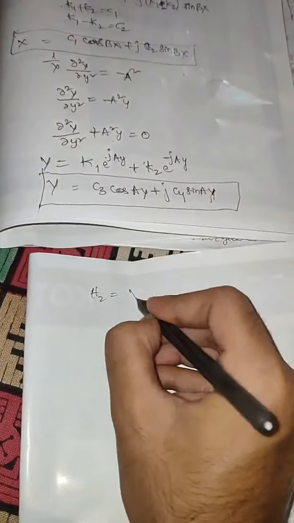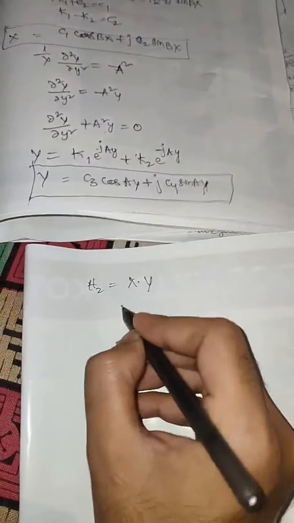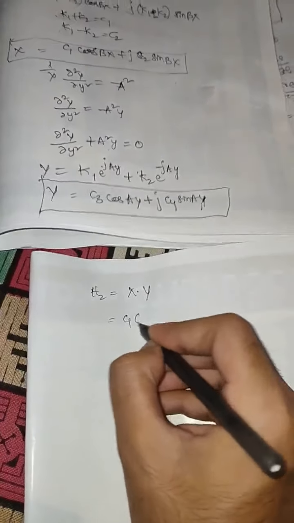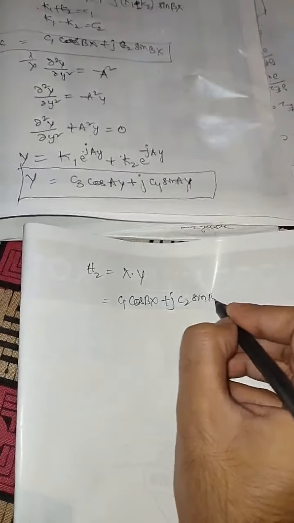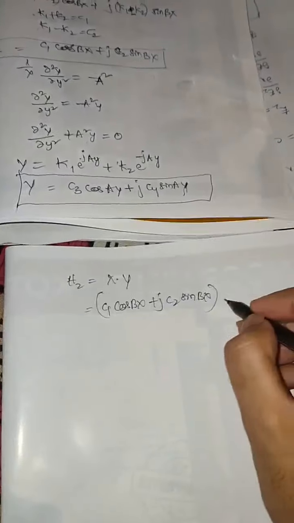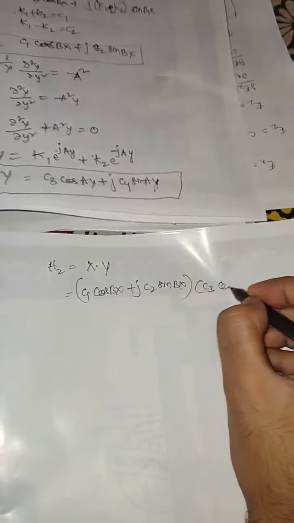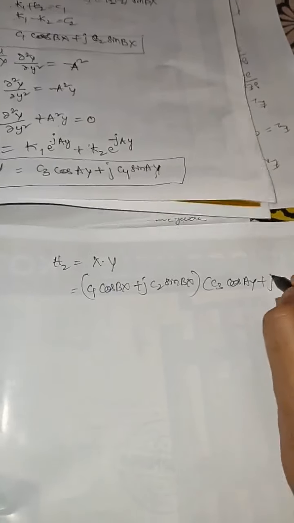As you have derived the x expression and y expression, now you need to substitute x and y in the place of Hz. So Hz is equal to x times y: c1 cos bx plus j c2 sin bx, multiplied with c3 cos ay plus j c4 sin ay.